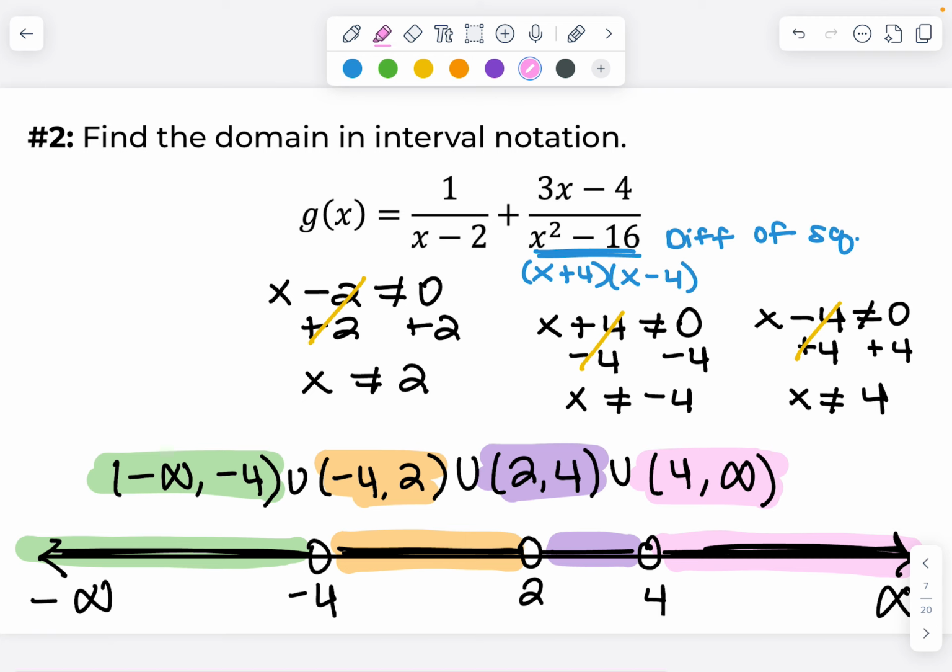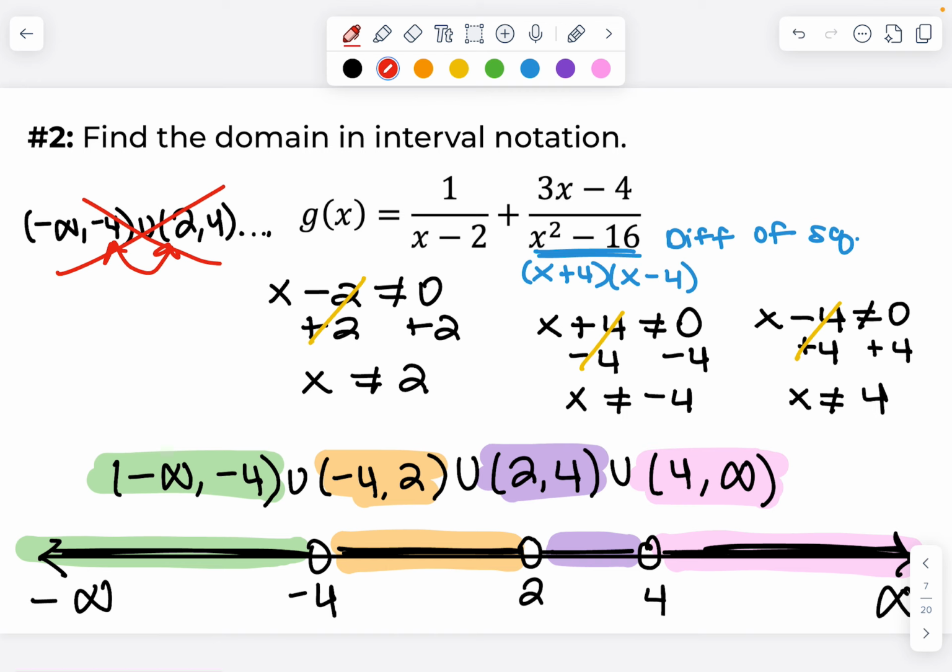But I find that for some of us who are maybe more visual learners, having that number line drawn out is really helpful when we go to write it in interval notation because it helps us keep track of what's going where and also the order. Because, guys, if your interval notation is not in this order, say you did negative infinity to negative 4 union 2 to 4, etc., that is going to be wrong, because these two numbers should always match when we're doing interval notation for domains of rationals.